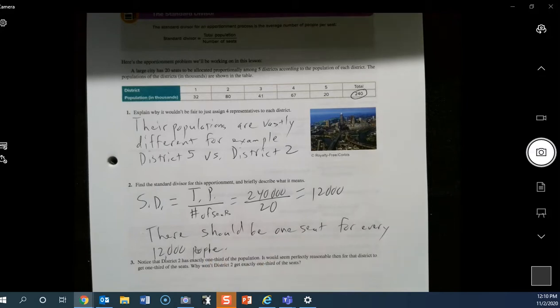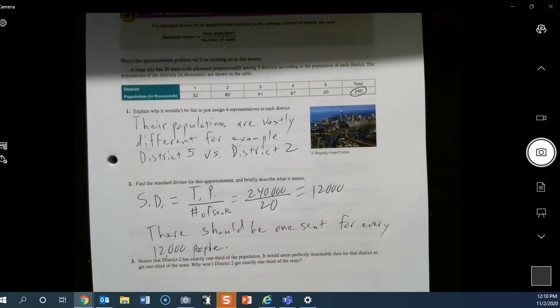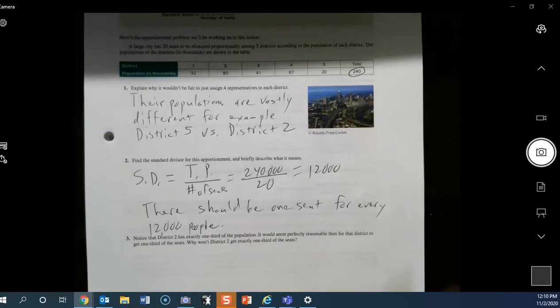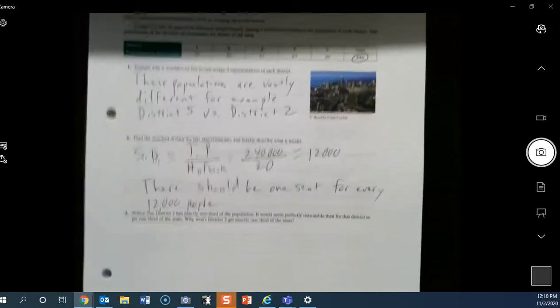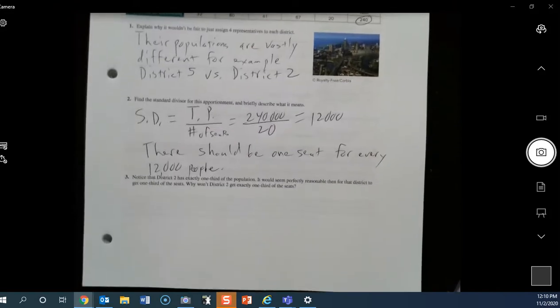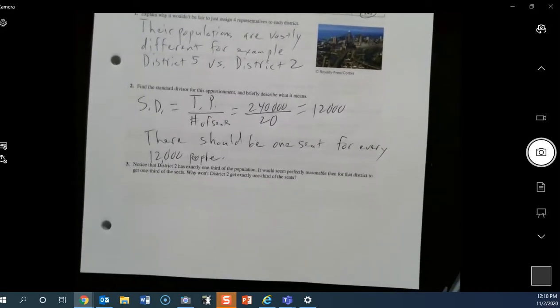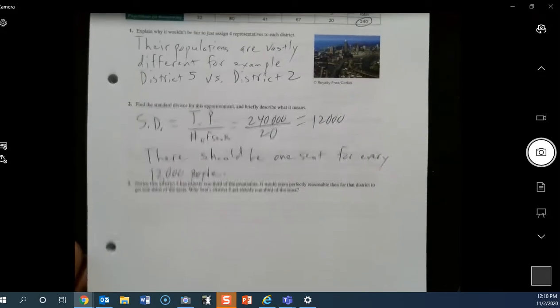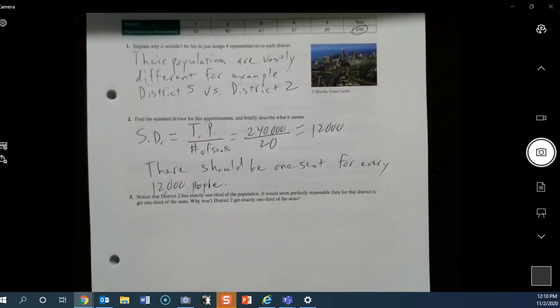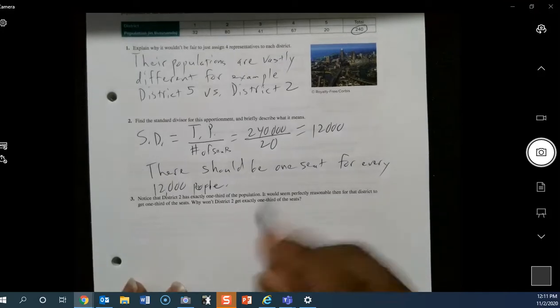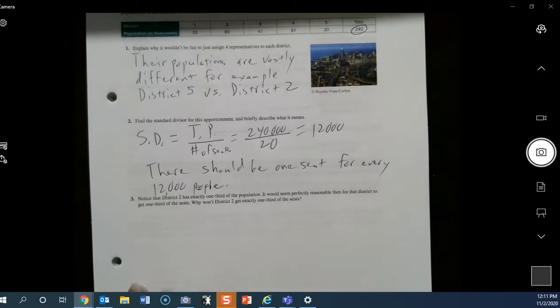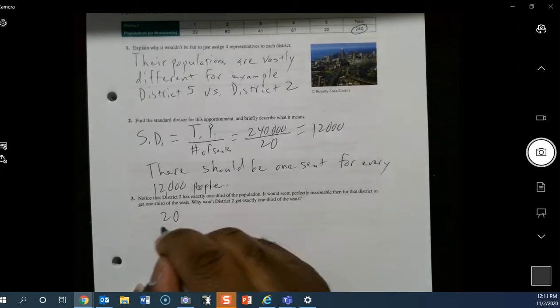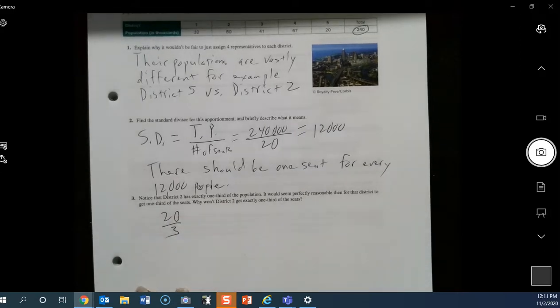Okay, now number 3. It says, notice that District 2 has exactly 1/3 of the population. It would seem perfectly reasonable then for that district to get 1/3 of the seats. Why won't District 2 get exactly 1/3 of the seats? I will show you this here. There are 20 seats. 1/3 of that is the same as just dividing 20 by 3.